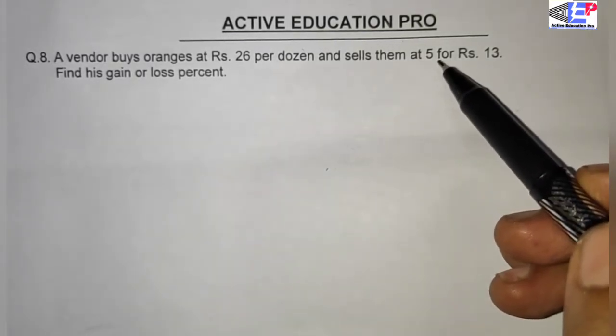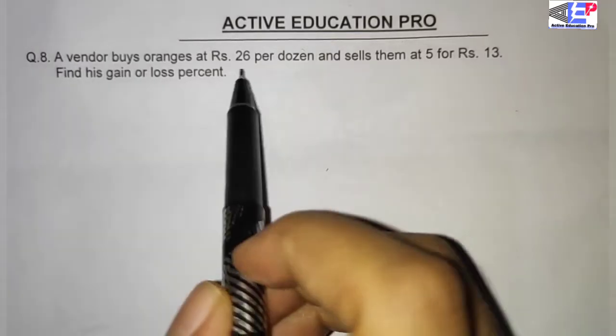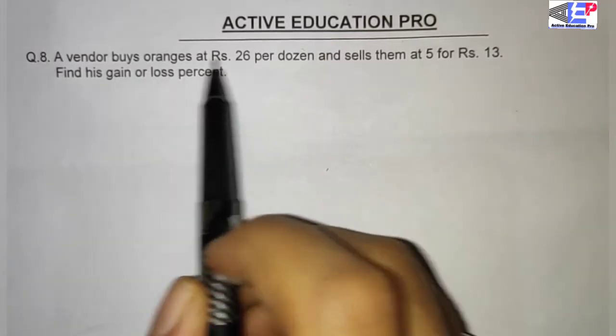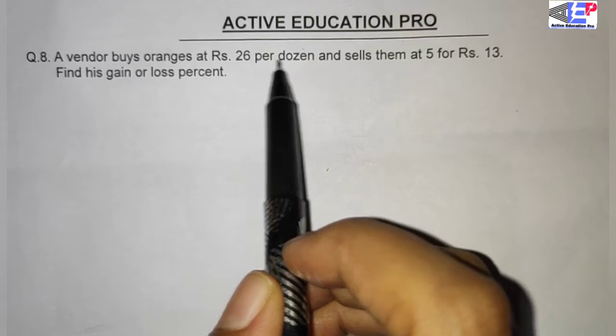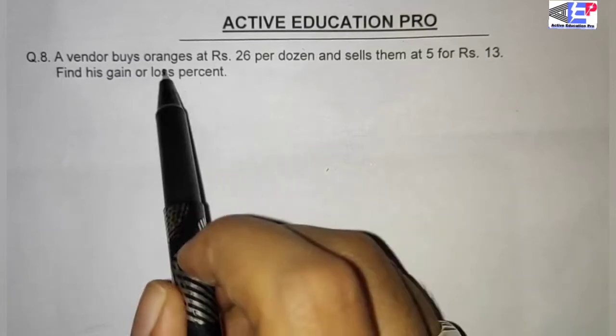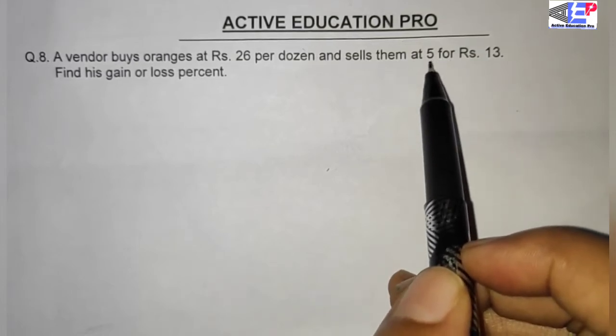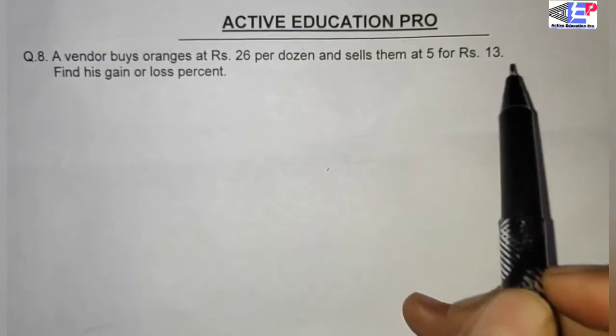So be careful about what quantity the cost price and selling price are calculated on. Dozen means 12 oranges, so the cost price is counted on 12 oranges, but the selling price is counted on 5 oranges, at 5 for rupees 13.